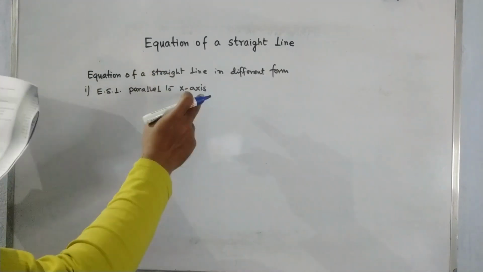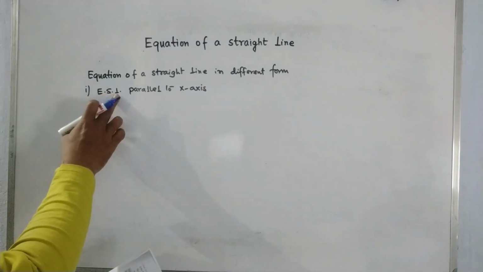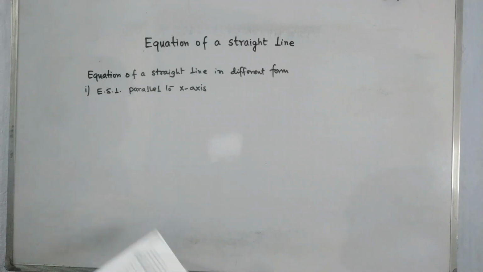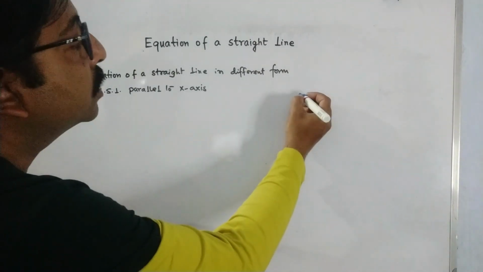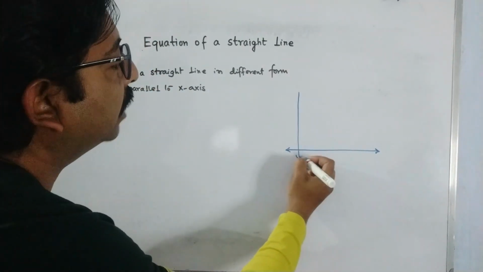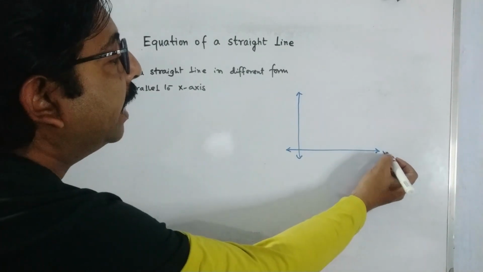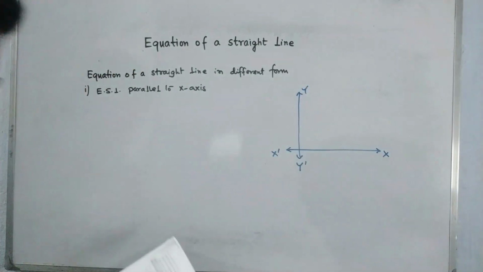Equation of straight line in different forms. First of all, equation of a straight line parallel to the x-axis. To deduce this equation, first we have to draw a two-dimensional Cartesian coordinate system x dash, y dash.